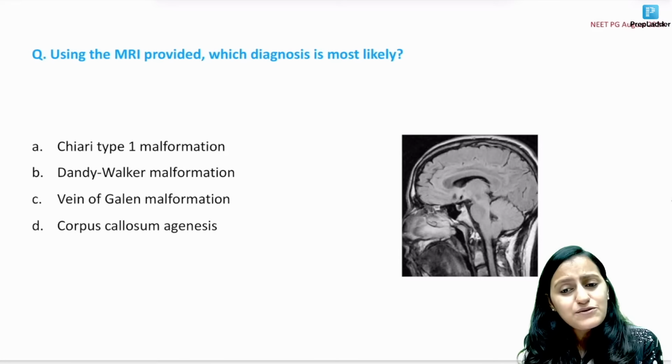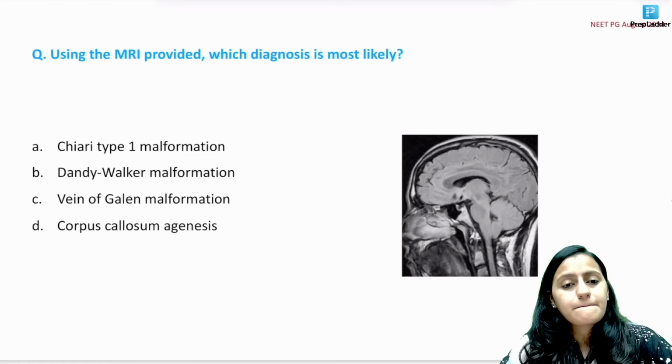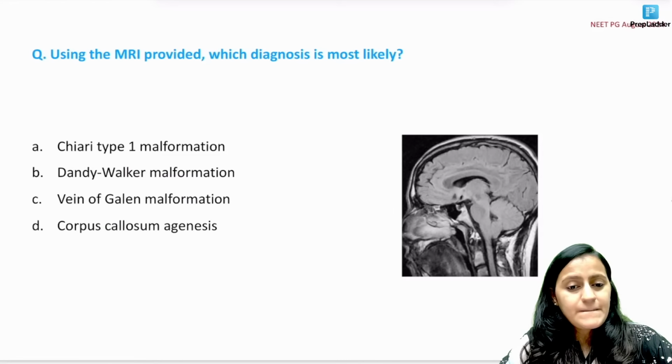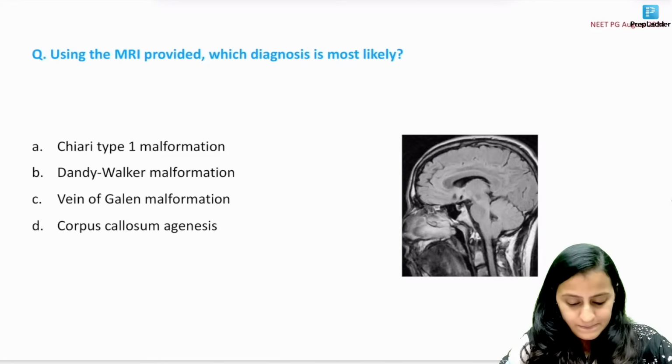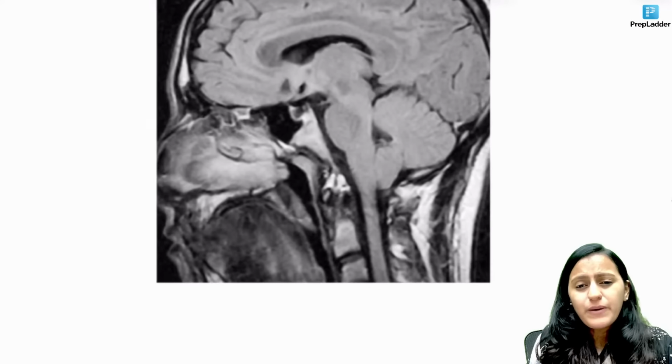What is the diagnosis here based on this image? Very good. This is Chiari type 1 malformation. What do you see?